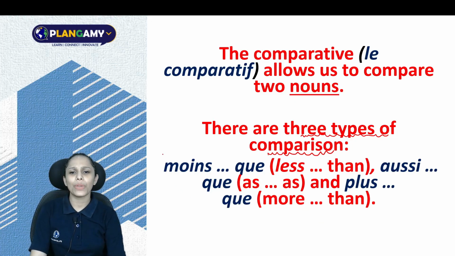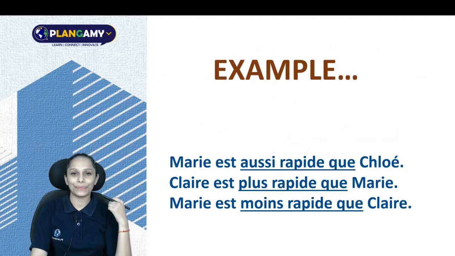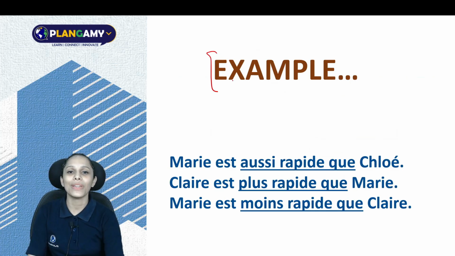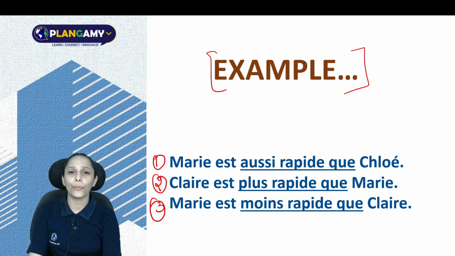Don't worry, we will understand how to use moins que, aussi que and plus que in a sentence. So, let's move further. Now, here we have three different examples. Why? Because we have used here la comparaison, as you can see here.